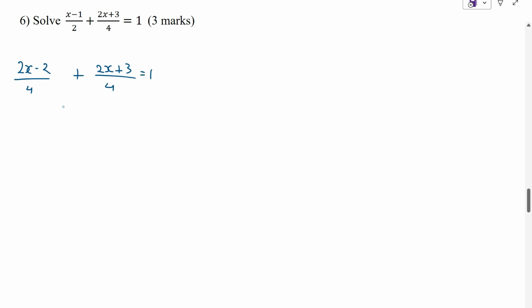So let's add the numerators together. That will give us 4x plus 1 over 4 equals 1. Let's go ahead and get x on its own. So we'll take this 4 over, leaving us with 4x plus 1, which equals 4. We want x on its own, so 4x is 3, and x is 3 over 4.